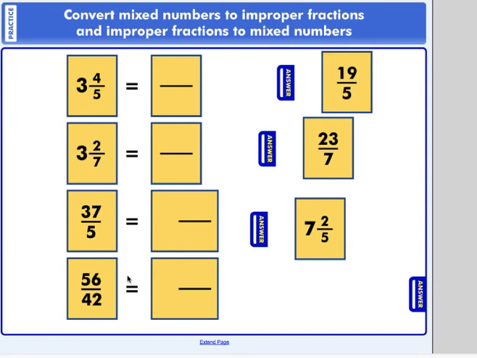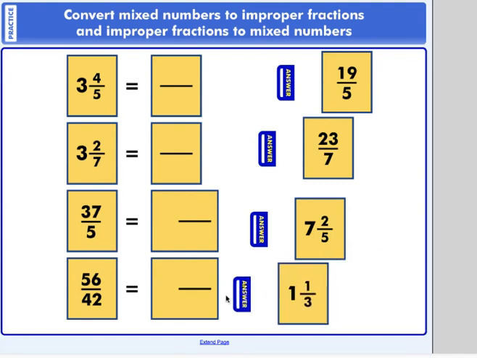And the last one, 56 divided by 42. Well, looking at this, I know that 42 will only be able to go into 56 one time. So I'm going to have a whole number of 1, and my remainder will be 14, I think. Yeah. So 14 is my numerator. My denominator stays the same. 1 and 14 over 42.